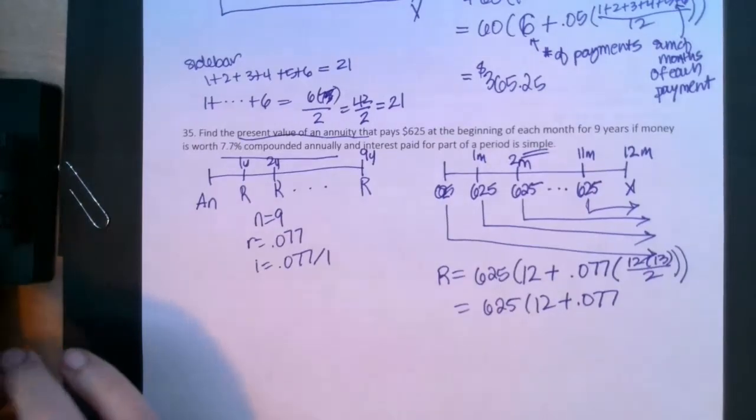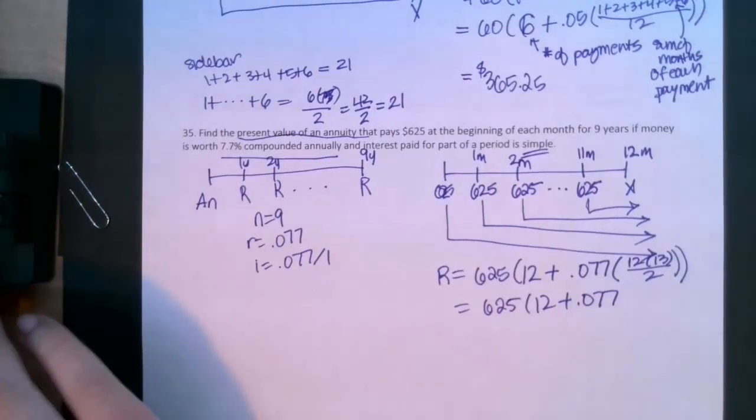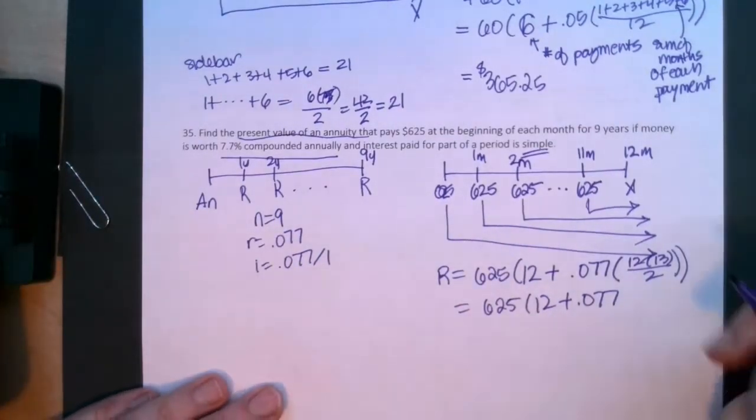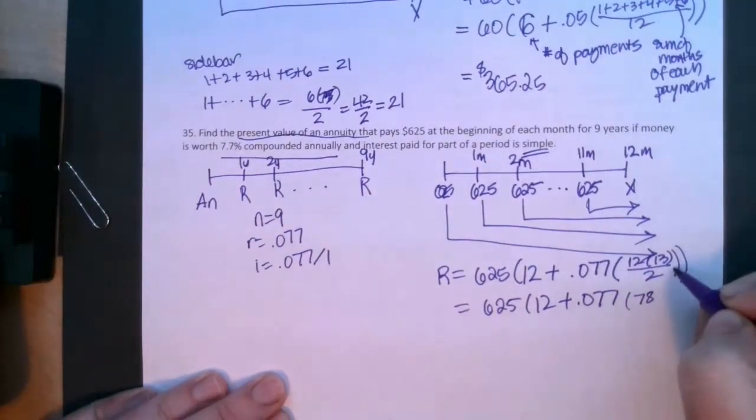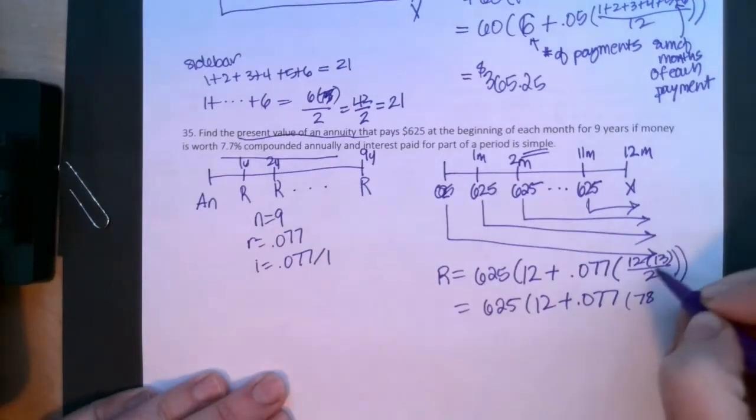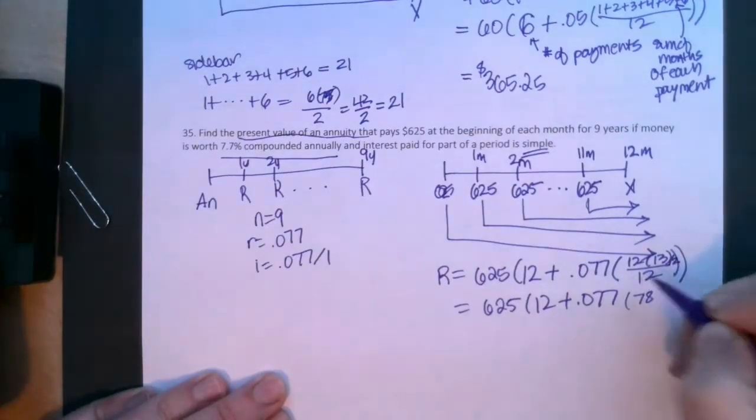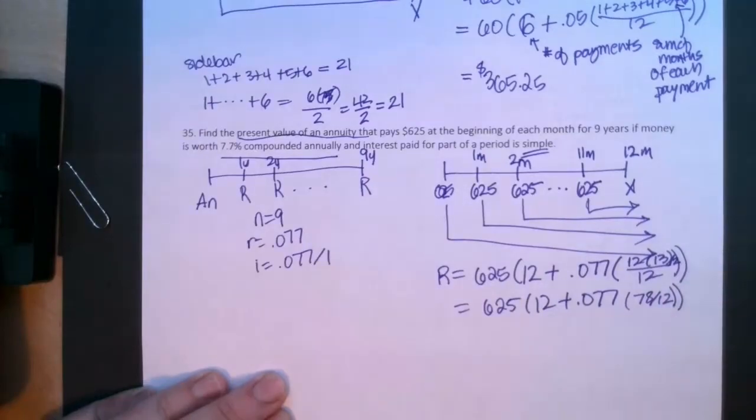12 times 13 gives us 156. 156 divided by 2 gives us 78. So times 78. And again, that whole thing is over 12, because that's the number of months that we're dealing with.